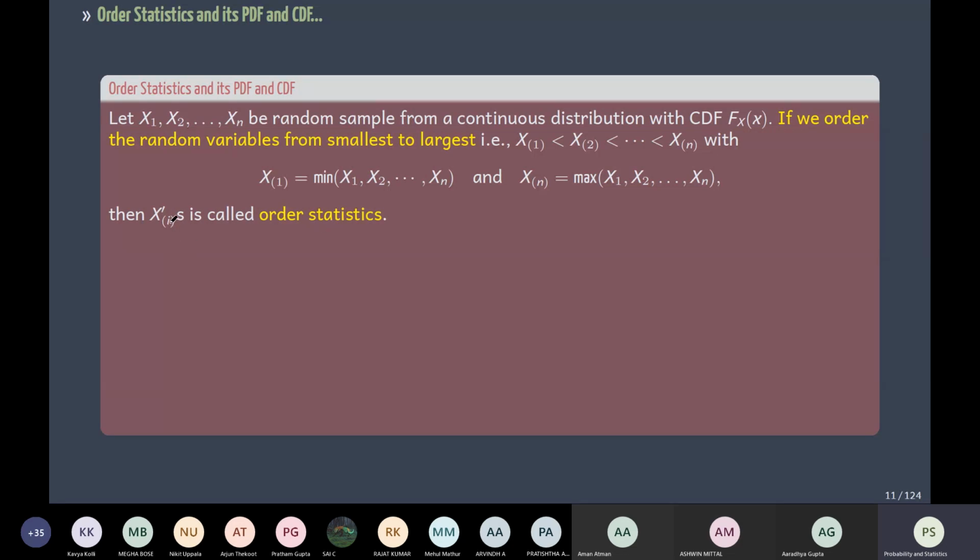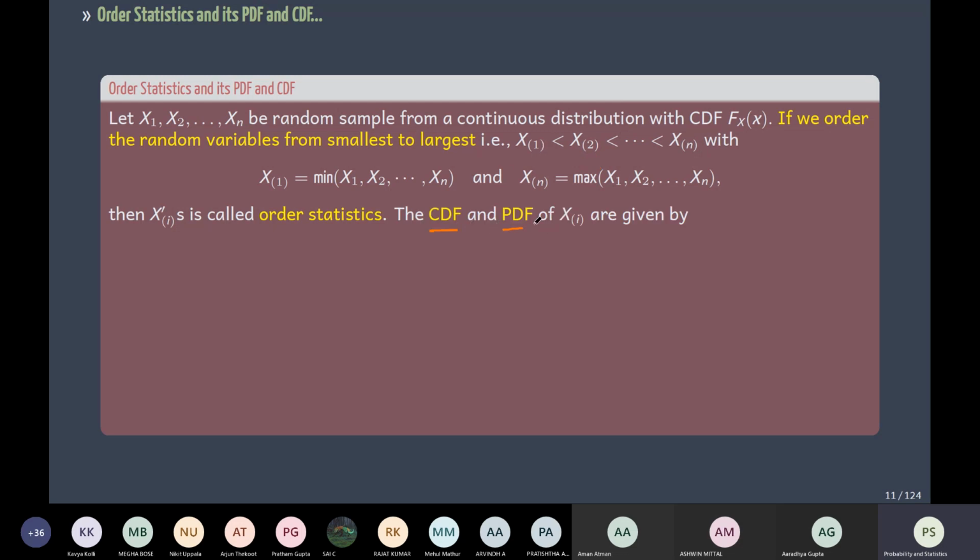So if I say 2, then it will be the second smallest. You can define the ith random variable as the ith smallest. Since I know the ordering, I can pick out which is the ith smallest. That will be the ith random variable according to this ordering.